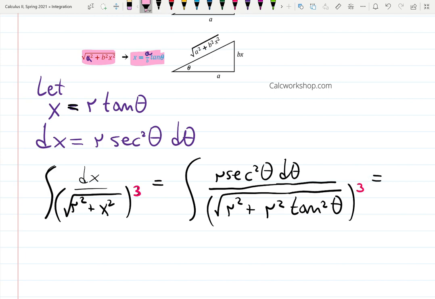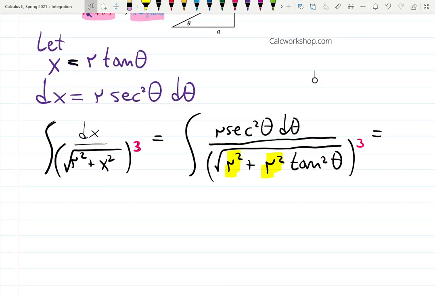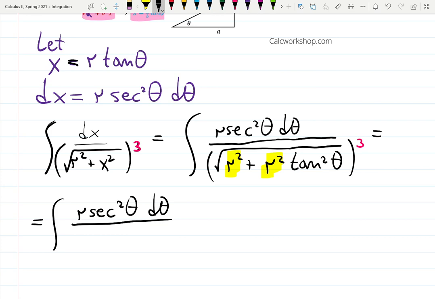Now, why do we do that? Remember from the previous chapters, we want to factor out this r squared. Why? Because then we will have 1 plus tangent squared, and that's secant squared. Integral r secant squared theta d theta. We're factoring out r squared, so it's going to be r squared times 1 plus tangent squared theta, but r squared inside of the square root is just r.